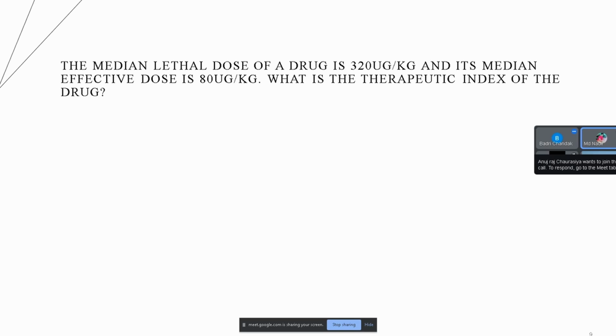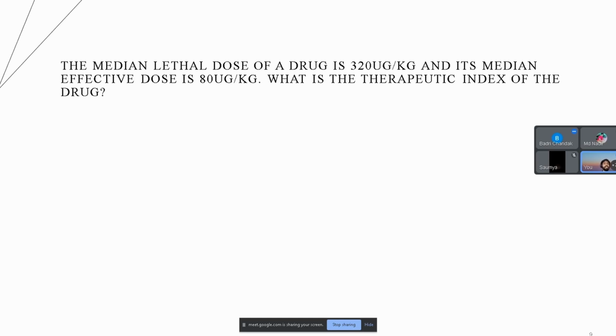Sure. The therapeutic index of a drug is a property of the drug. It is defined as the median lethal dose of the drug divided by the median effective dose of the drug. If a drug was given in very high amounts, it's going to kill a person, right?